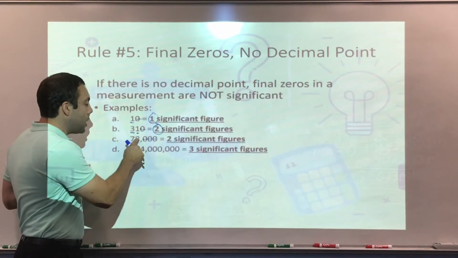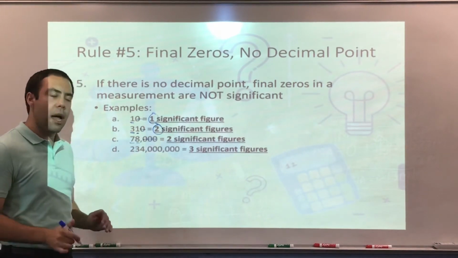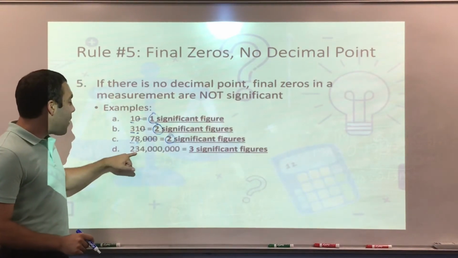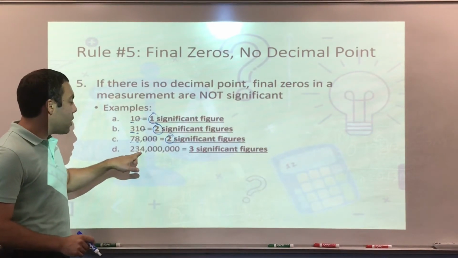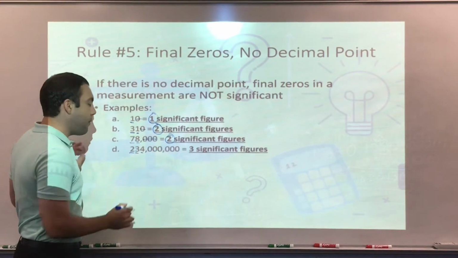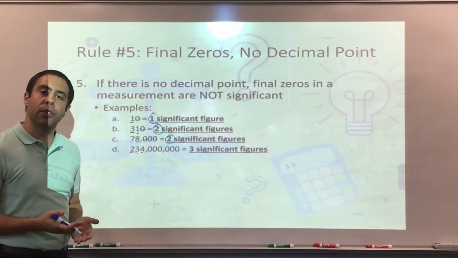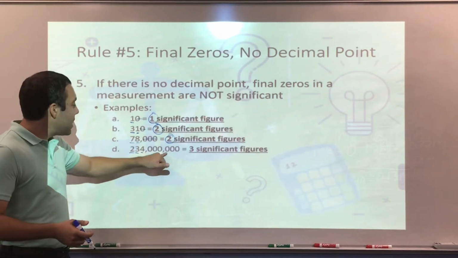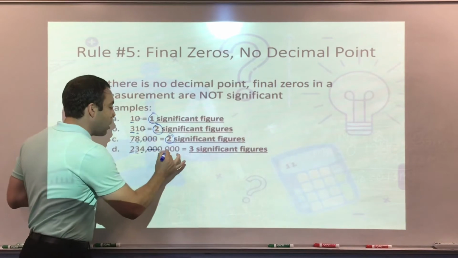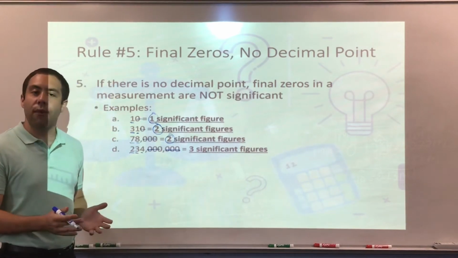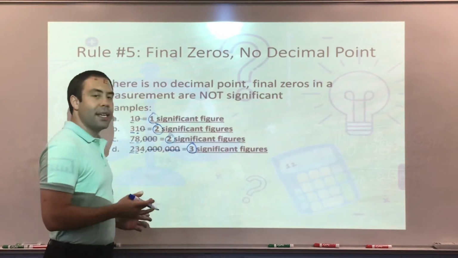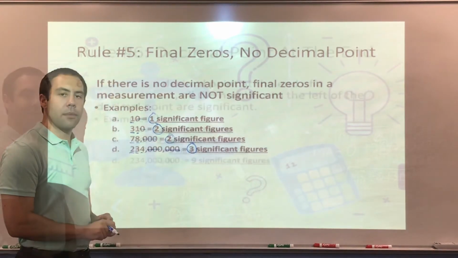So the only 2 significant figures in this number are the 7 and the 8. And finally, 234 million. The 2, the 3, and the 4 are non-zero numbers, so they are significant. But these zeros are just placeholder zeros. So these zeros are not significant. Therefore, 234 million will have 3 significant figures.